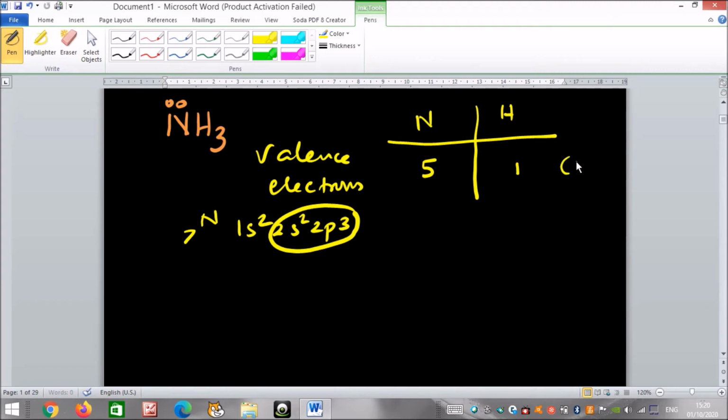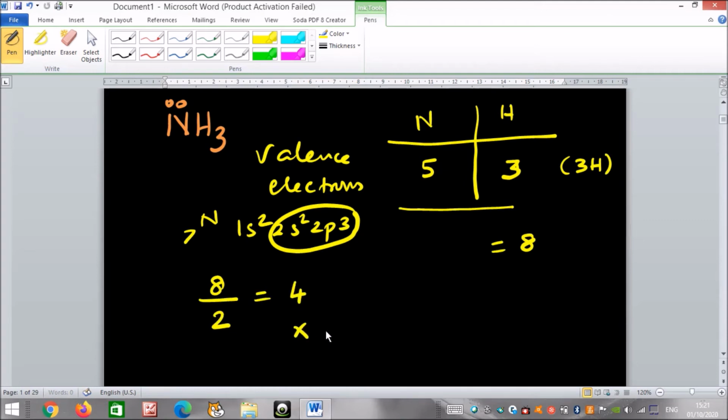Here 3 hydrogen atoms are there, so the total number of electrons is equal to 3. Each hydrogen has 1. Just add them. The total is equal to 8. You have to divide that by 2 to get the x value.